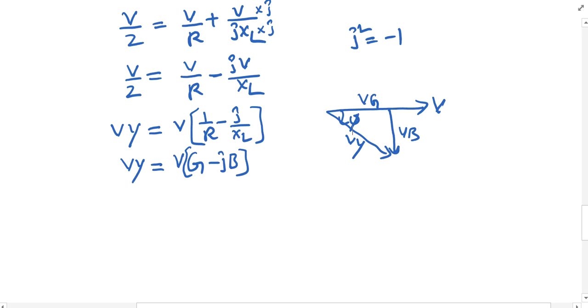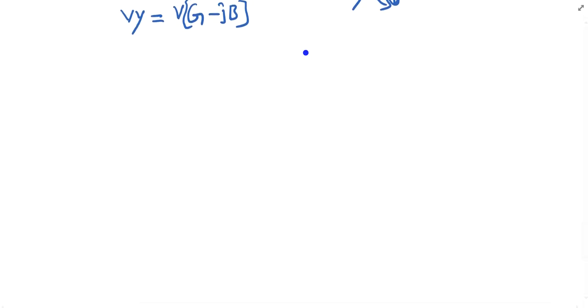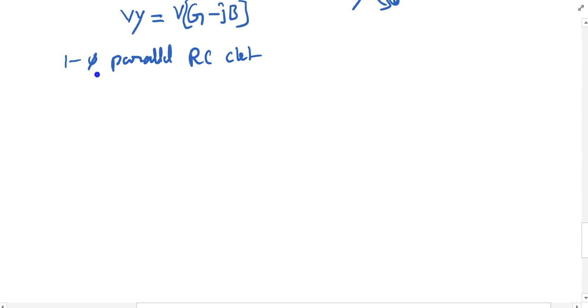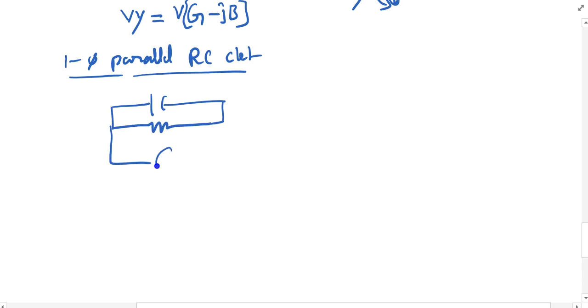Now similarly do the analysis for a single phase parallel RC circuit. Do the same analysis. Let us consider, this is my single phase RC circuit, and for this circuit this is my V and this is my I, R and C. You can say this is IR, and this is IC.